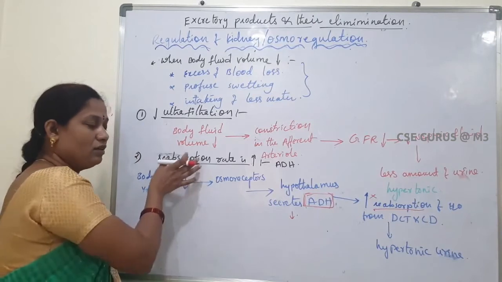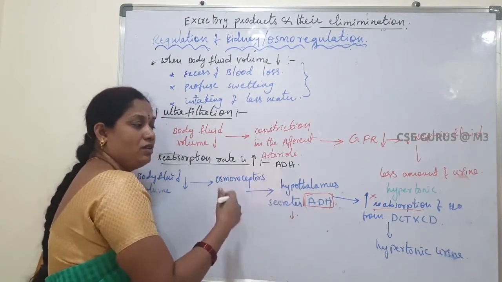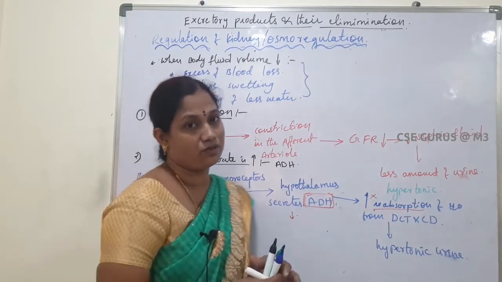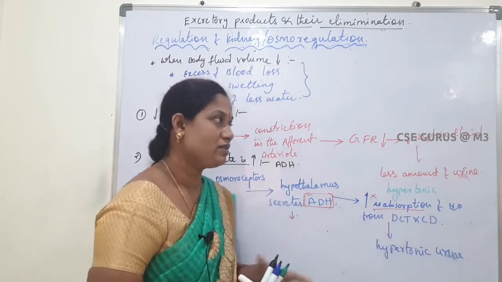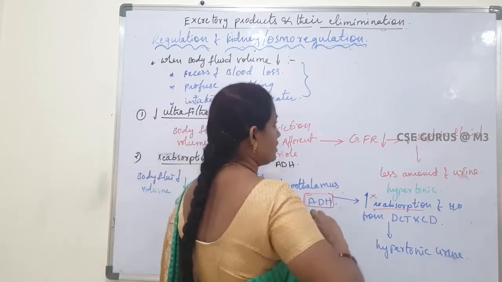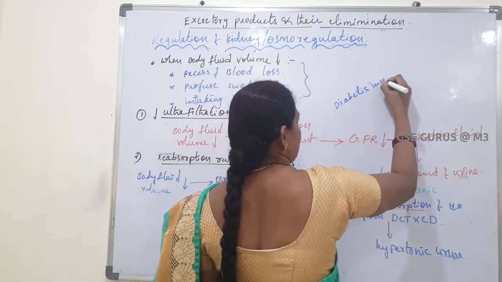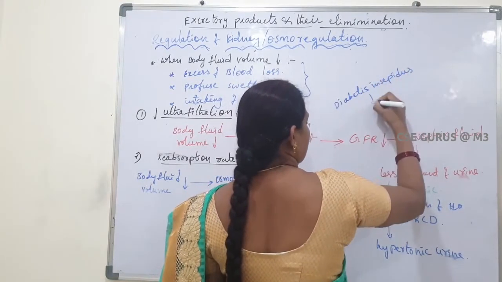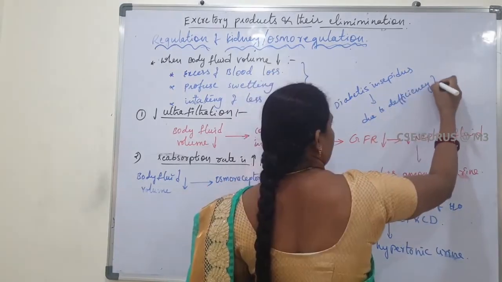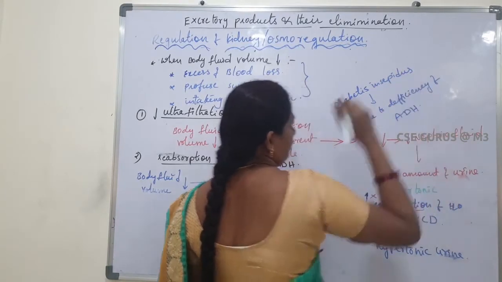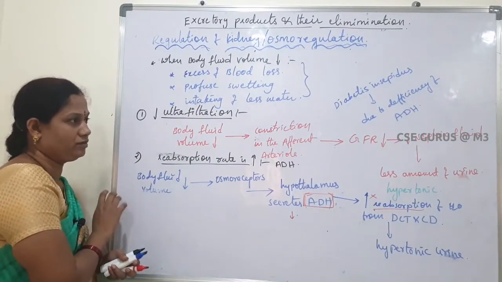Already the water quantity is less, but if ADH hormone is absent, even more water is eliminated to the outside. That condition is called diabetes insipidus, due to the deficiency of ADH hormone. So this is the second way.